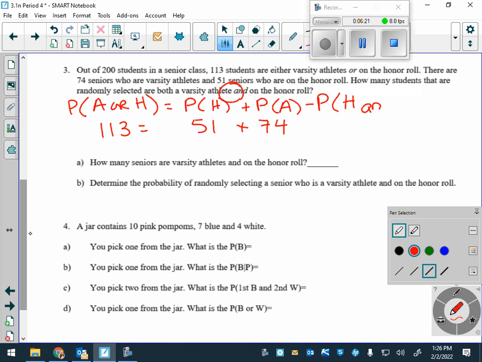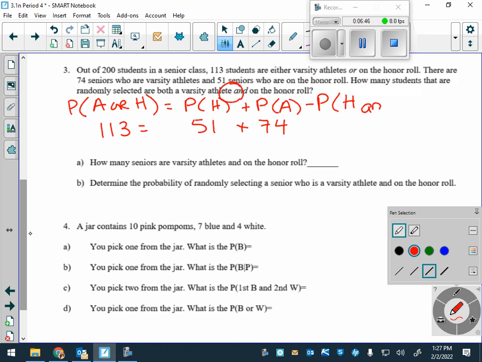So when we do not know something in math, what do we have to do? What do we use? Can we add those two together and then subtract, right? We're solving for a variable.